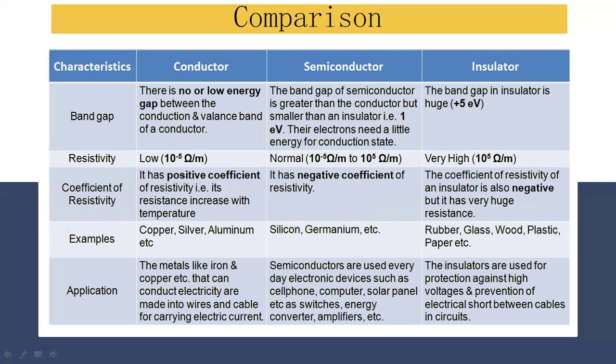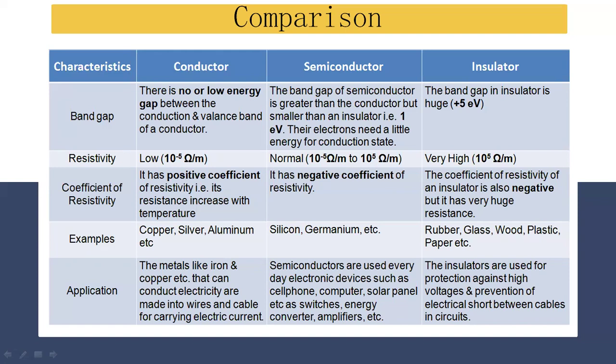Then based on band gap, there is no or very low energy gap between the conduction and valence band in a conductor. Whereas in a semiconductor, the band gap is of a very small value, about 1 electron volt, and in an insulator, the band gap is very high, more than 5 electron volts.